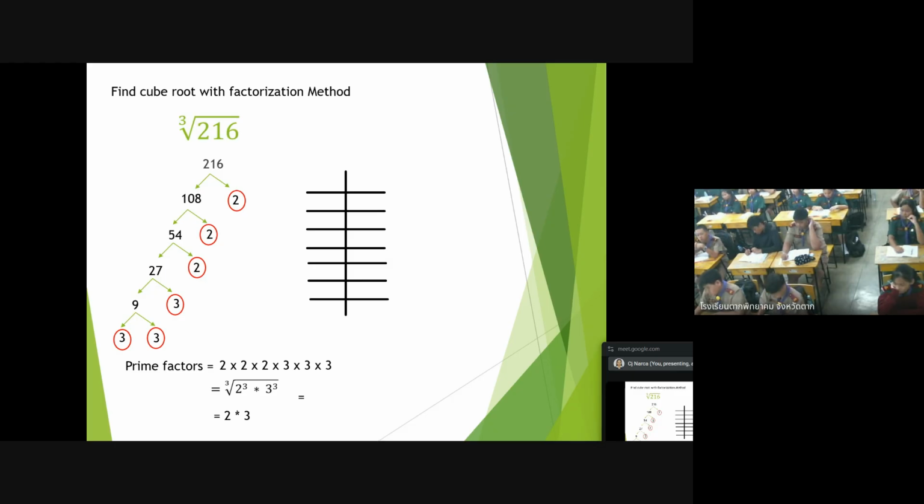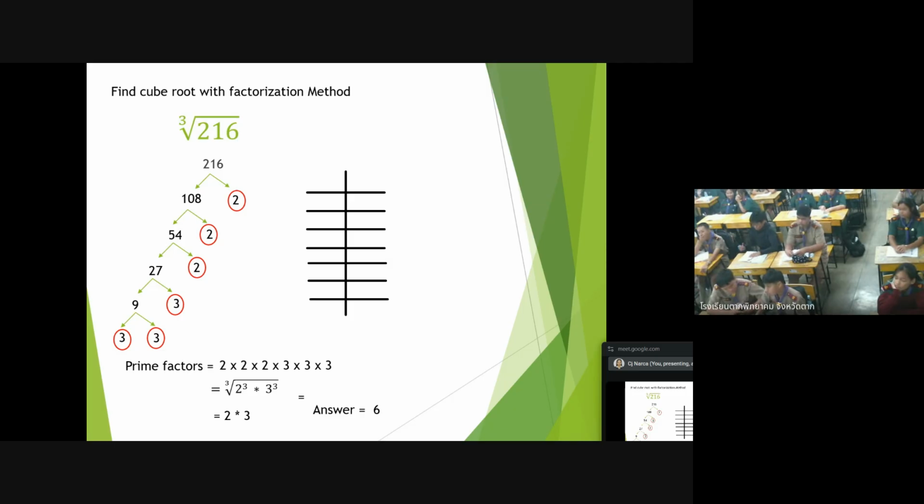And the answer is 6. Why don't we have negative? Remember, guys, if we talk about an even exponent, for example, power of 4, power of 8, that is positive. But if we talk about an odd exponent, that is negative.